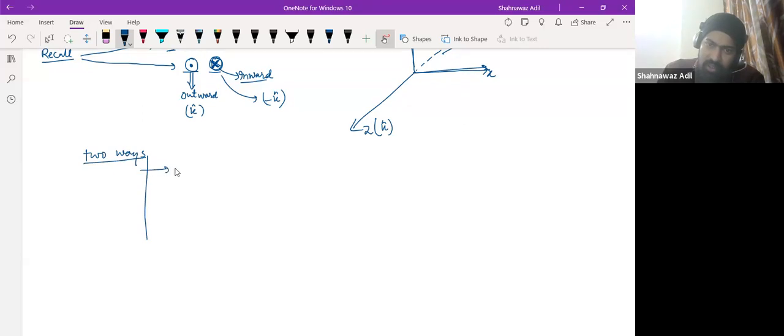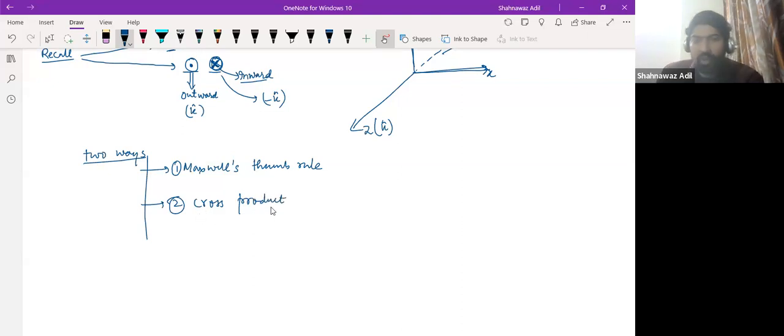One is Maxwell's thumb rule, and the second way is the cross product, right? So whatever is applicable, we will use that.